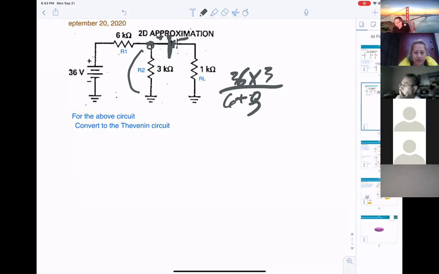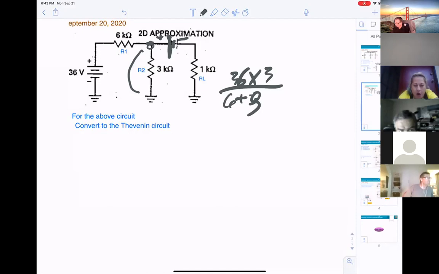The circuit after that is open. Only if you're using the superposition, then you can, like battery, you can short it one, get another one.